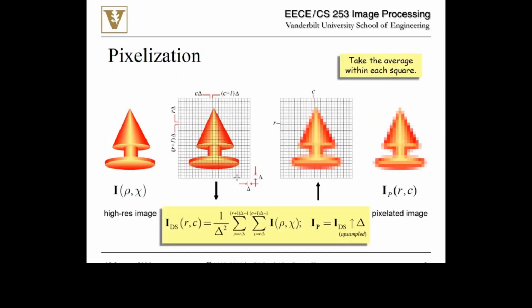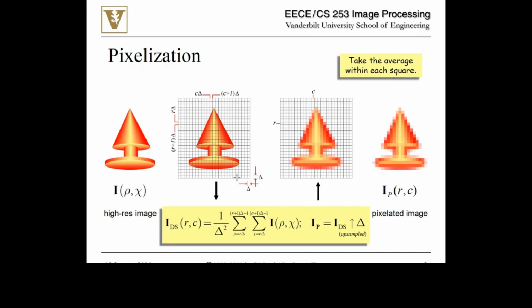So this is what the formula is saying. You are taking an average, and since you are taking an average of 2 times 2 pixels, you have to divide by delta squared. And then the limits of the summation are simply saying which pixels take part in the average. I think it is much more clear in the figure I did.